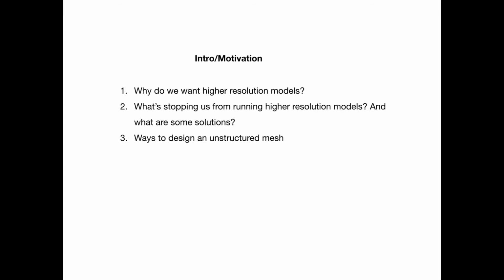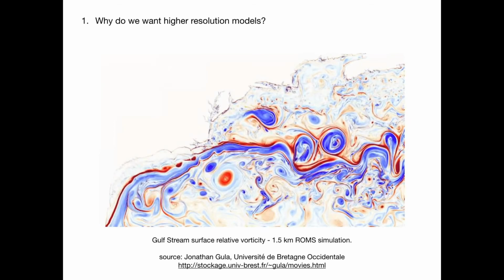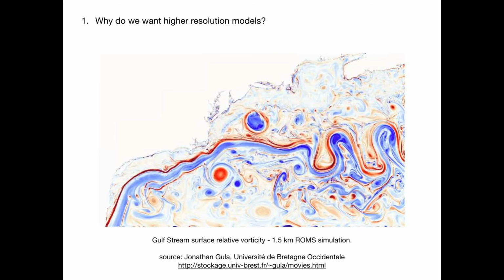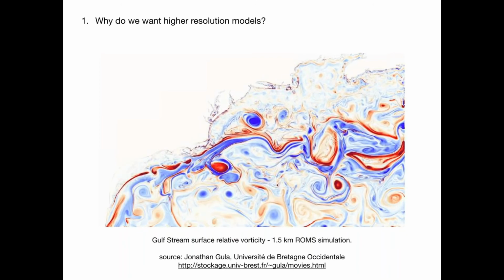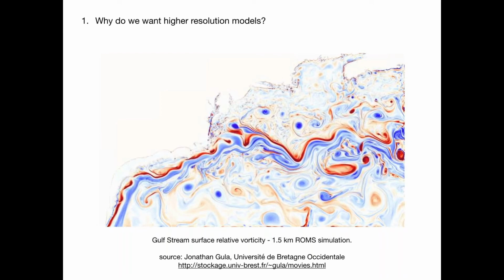Since I was told most people are familiar with all this, I'm just going to go quickly through the background, but I like this movie because it reminds us what we're parameterizing in our global models. This is the Gulf Stream separation at 1.5 kilometer resolution.